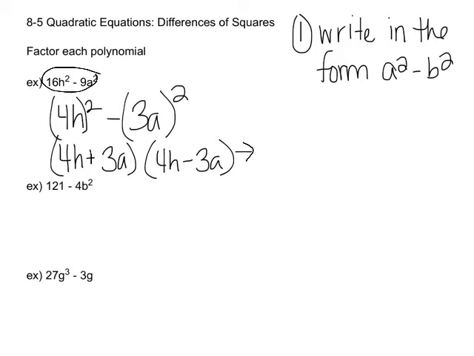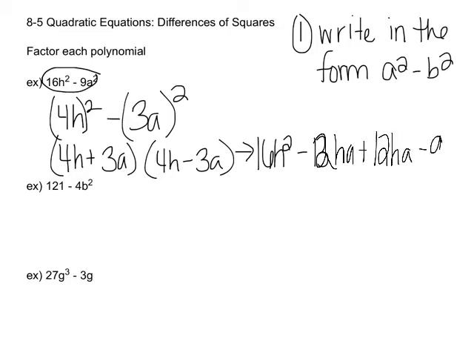So 4h times a 4h gives me a 16h squared. Then I'm going to get minus 12HA plus 12HA minus a 9A squared. And see, these middle terms would cancel out, so that's why I wanted to make one positive and one negative.